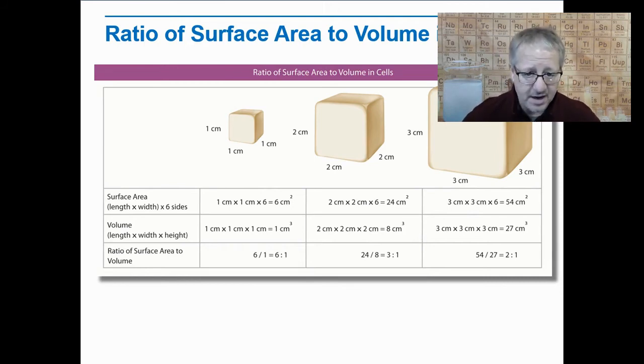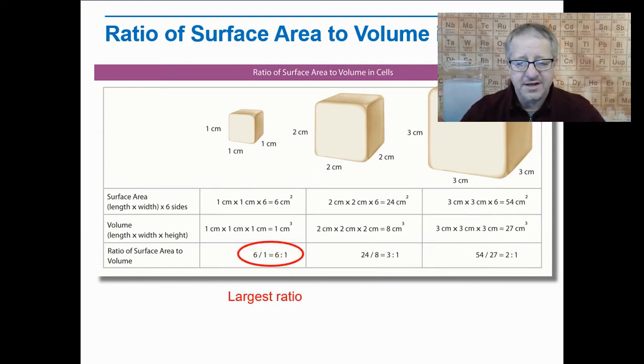We have a 3-to-1 ratio over here under the 2 centimeters. You've got 6-to-1 here, 3-to-1 here, and 2-to-1 here. So where is it biggest? It's biggest right here on the 6-to-1 ratio. So the largest difference between volume and surface area is found in the smallest version of this.